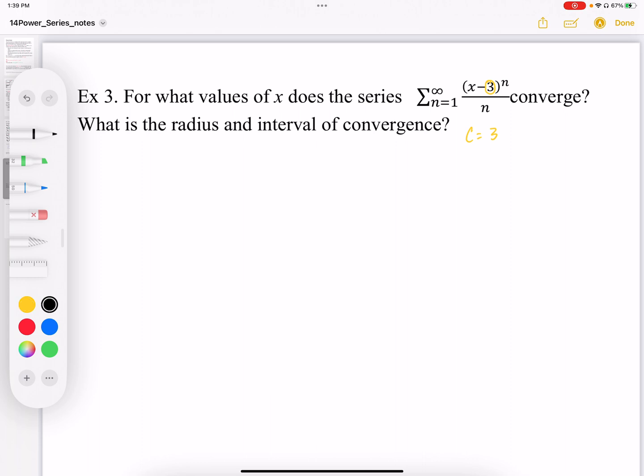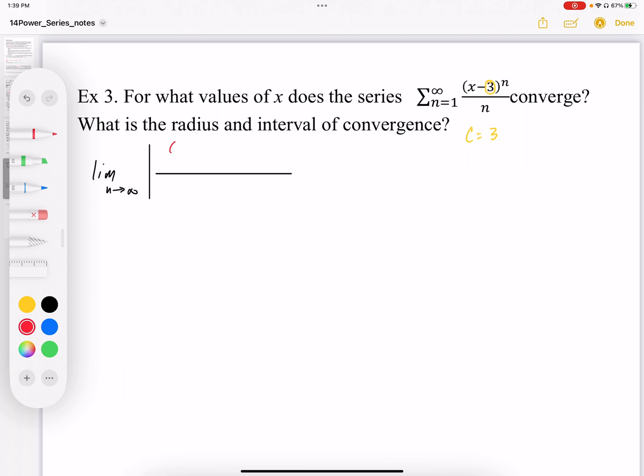So I'm going to set up my ratio test as the limit as n approaches infinity. We're going to have in the numerator our a_(n+1).